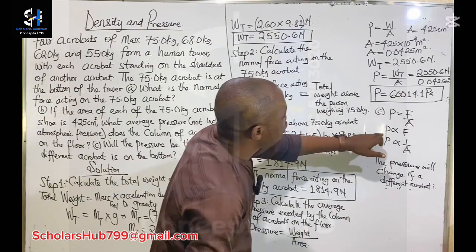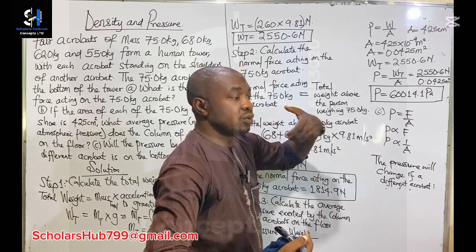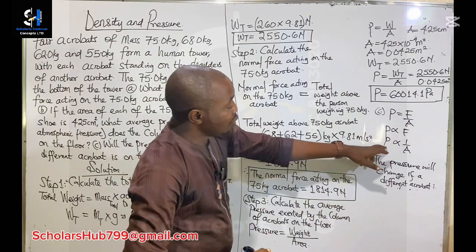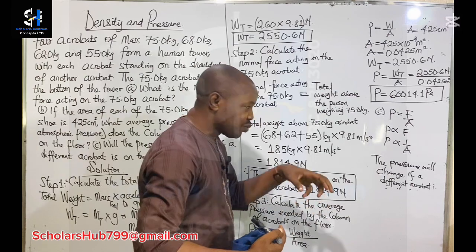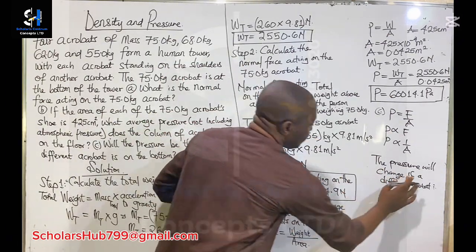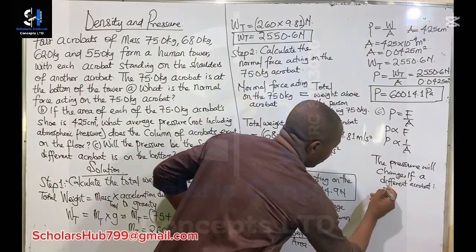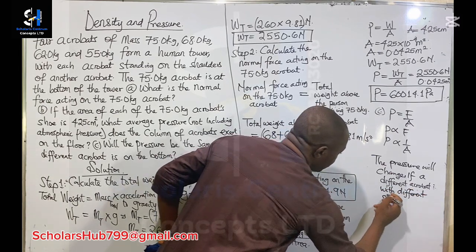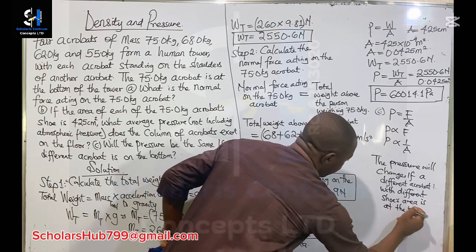Like I said, pressure is proportional to force. The larger the force, the greater the pressure, and vice versa. But here, the larger the pressure, the smaller the area. So the pressure will change if a different acrobat with different shoe area is at the bottom.